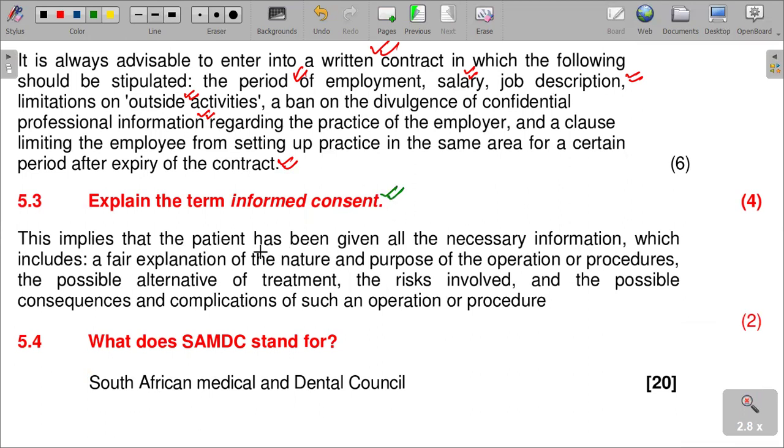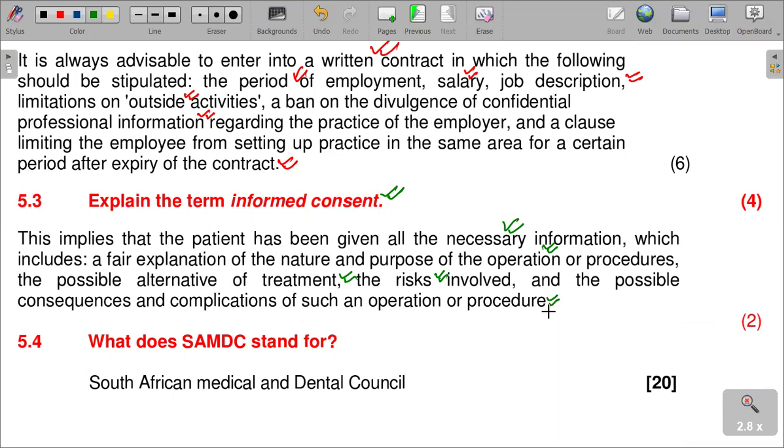Explain informed consent. An informed consent implies that the patient has been given all the necessary information, which includes a fair explanation of the nature and purpose of the operation that the patient is to undergo, the procedures, the possible alternative treatment that the patient can also get, the risks involved in the operation, and the possible consequences and complications of such operations.